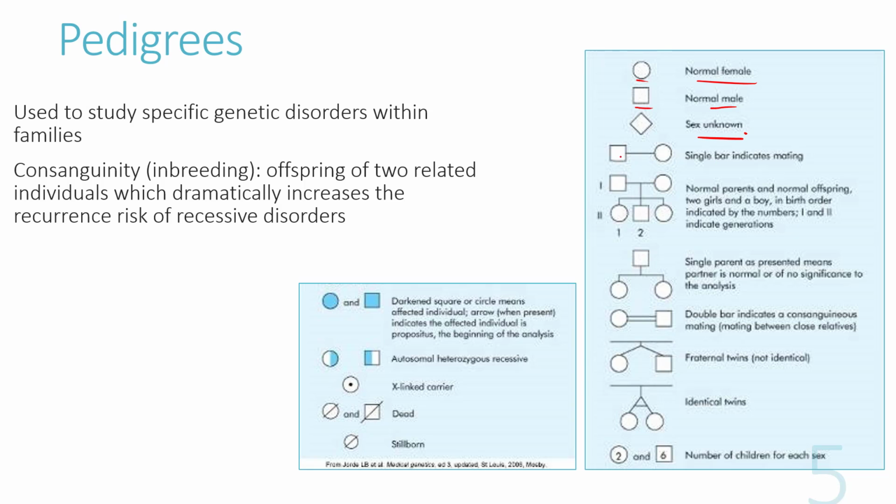A single bar connecting 2 people, a male and a normal female in this case, indicates that they've mated. And over here, further down, you've got a normal male and normal female mating, and they produce 3 children, right? So this is first generation, this is second generation, and you've got 1, 2, 3 kids.